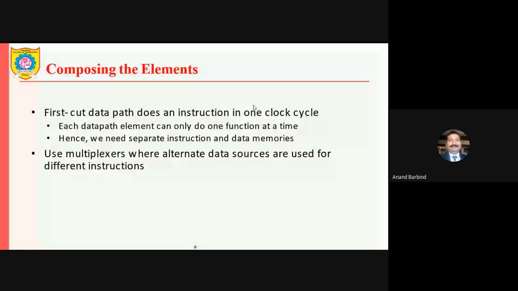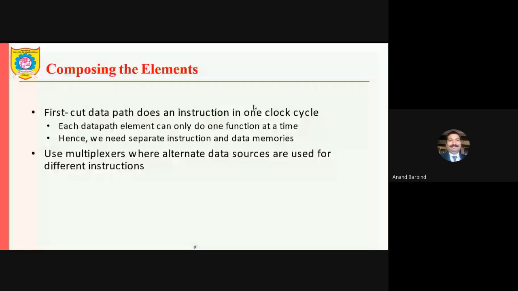The first cut data path does an instruction in one clock cycle. Usually one clock cycle is required for each operation. Each data path element can only do one function at a time.